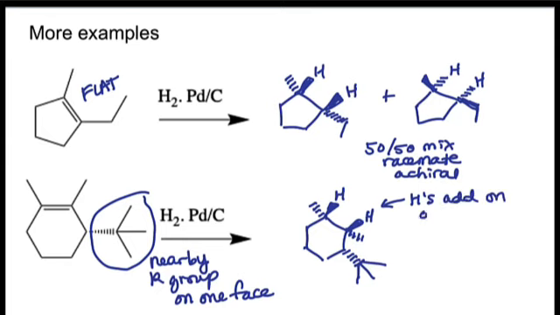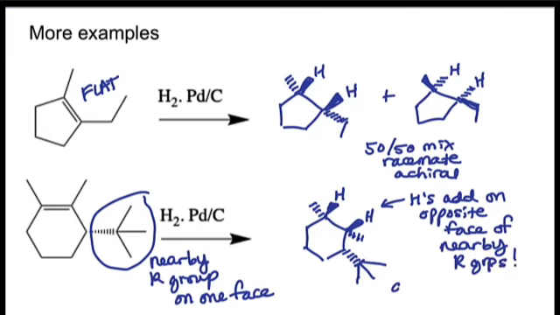Okay, so H's add on the opposite face of nearby R groups. The result is that you have a chiral product. We get this, not the H's adding to the dash side.